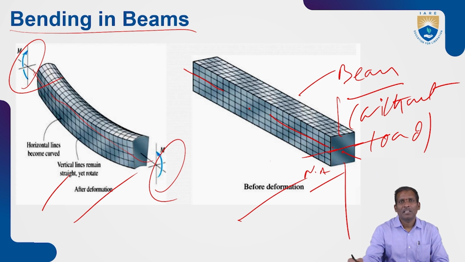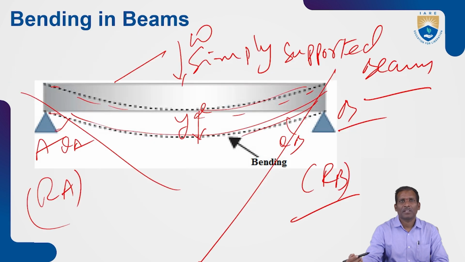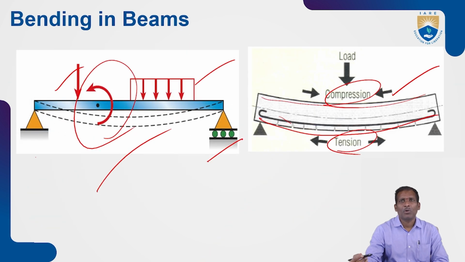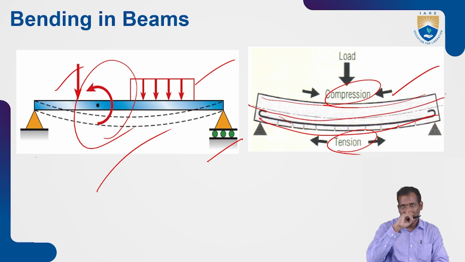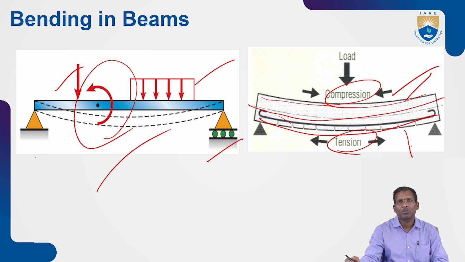So there is no change of dimensions at the neutral axis; it remains the same. Above the top and here, the neutral axis is the same, so there is no deviation. But the top layer will be compressed and the bottom elongated due to the bending.